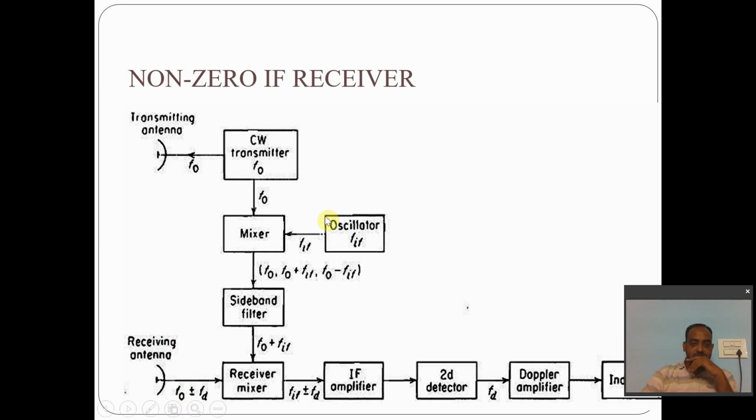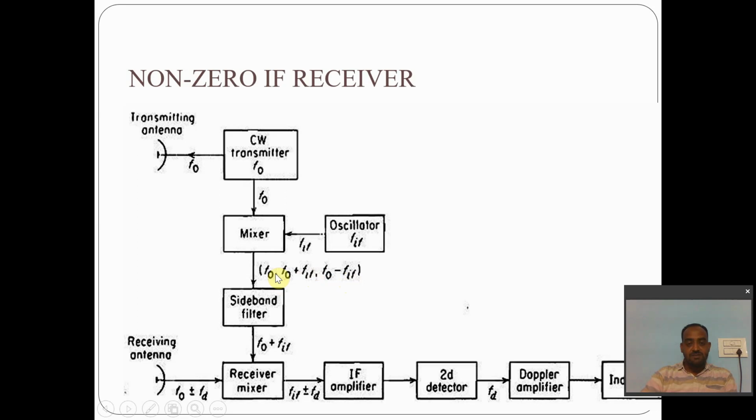The same frequency F0 is given to the mixer. The mixer is connected to a local oscillator which produces FIF, the intermediate frequency, and the heterodyne output of this mixer has three components: F0, F0 plus FIF, and F0 minus FIF.